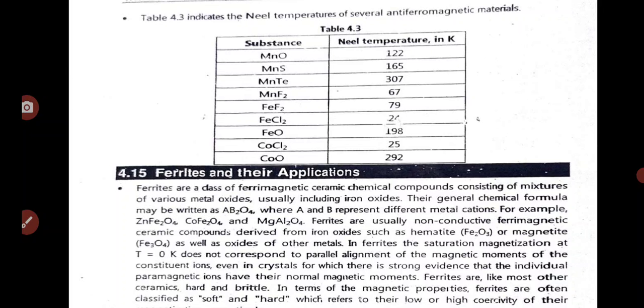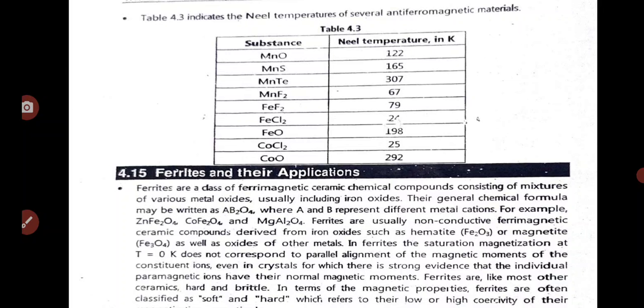Their general chemical formula may be considered as AB2O4, where A and B represent different metal cations, and O is oxygen.